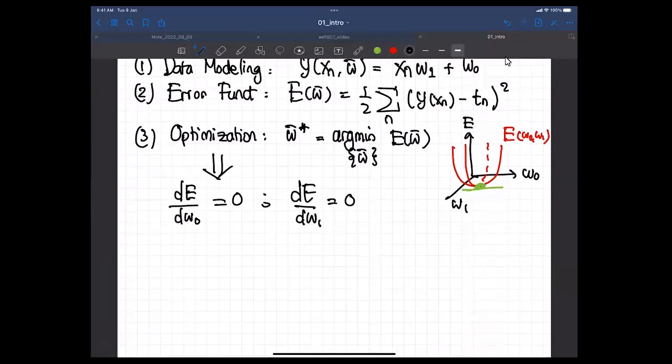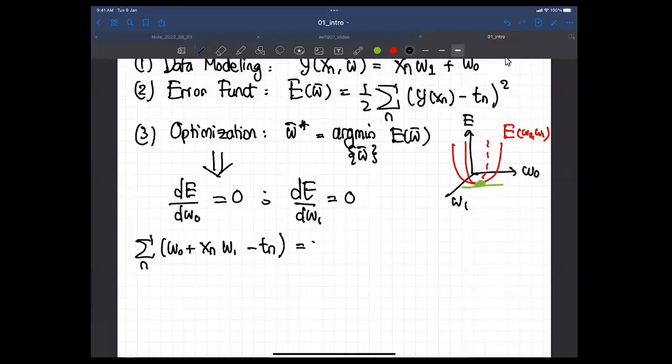So if you do the derivative with respect to w0, for example, then it's the sum over n of (w0 plus xn multiplied by w1 minus tn) equals 0. So in the end, you will have w0 equals 1 over n, sum over tn, minus sum over n of xn w1.